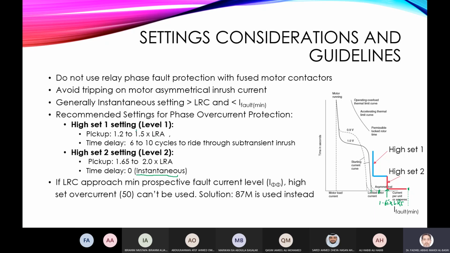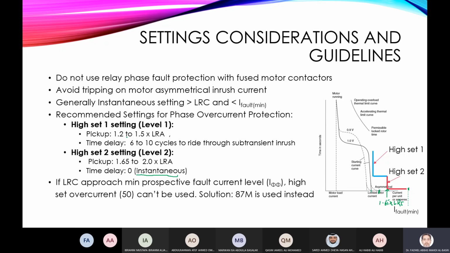It also depends on the relay type. Some relays, like numerical relays, can remove the asymmetrical component from the starting current. Then I can go even to 1.2 or 1.1, okay? But if your relay doesn't remove the asymmetrical fault current from the measured current, then I can go to a safer 1.5.